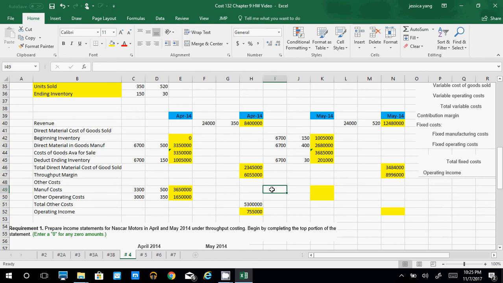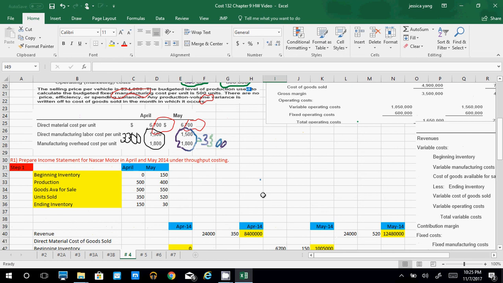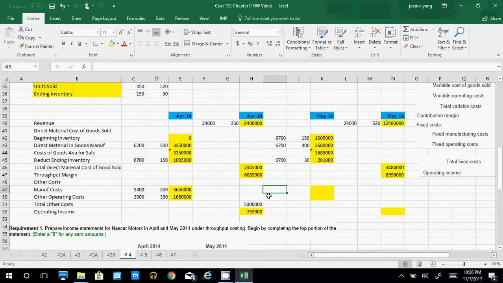For the manufacturing cost, we would take the sum of direct manufacturing labor cost per unit of $1,500 in May, plus manufacturing overhead costs per unit of $1,800 in May, a total of $3,300.